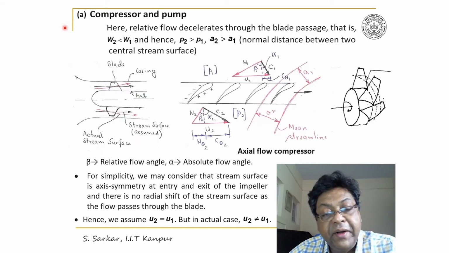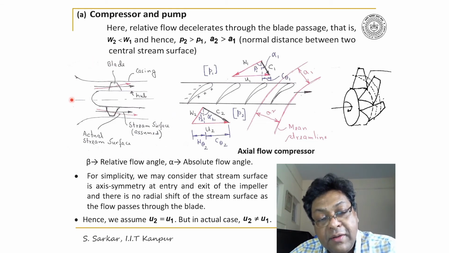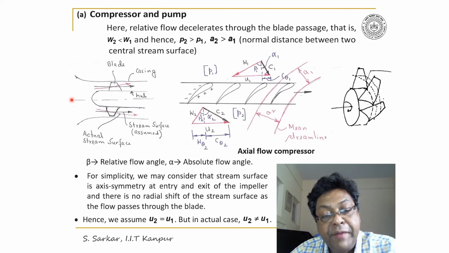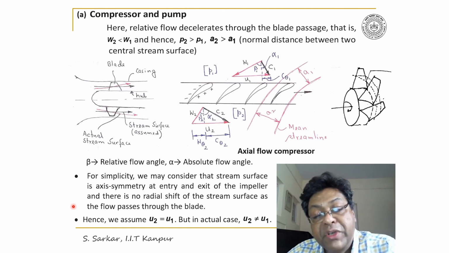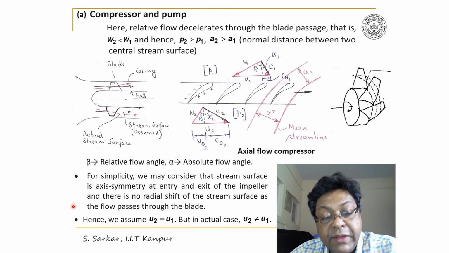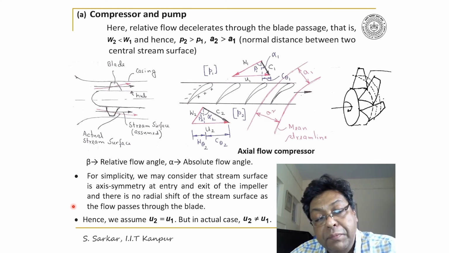I have considered here an axial compressor or pump, as I have shown in the figure, a rotor, and for simplicity I have considered that the stream surface is axisymmetric at entry and exit, and there will be no radial shift of the stream surface as the flow passes through the impeller.